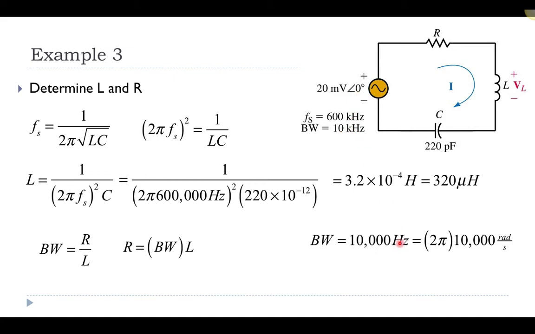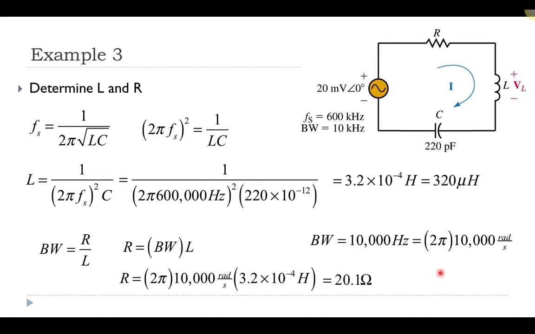My bandwidth is 10,000 hertz, so if I multiply that by 2 pi, I get the bandwidth in radians per second. My resistance would be 2 pi times 10,000, multiplied by the inductance in henry, and I get a resistance of 20.1 ohms.